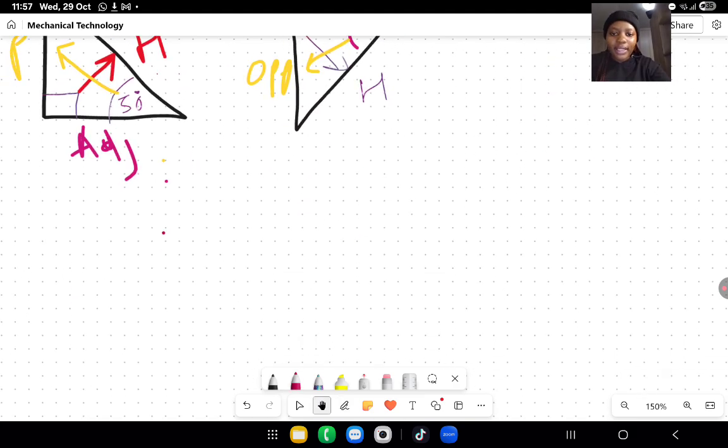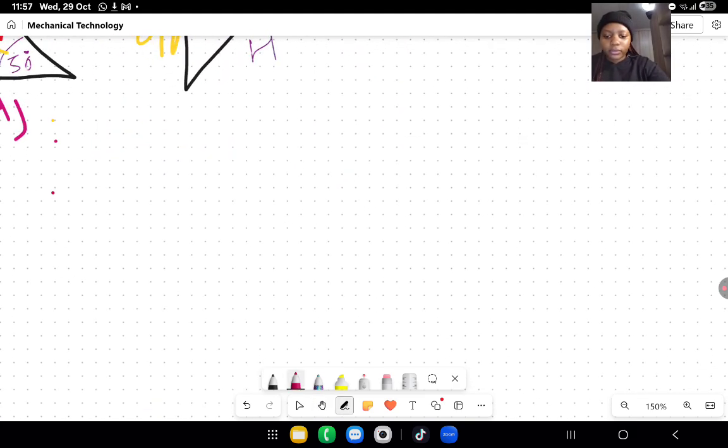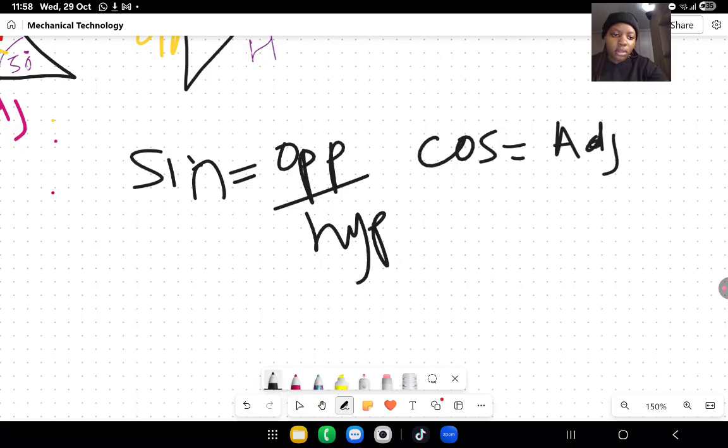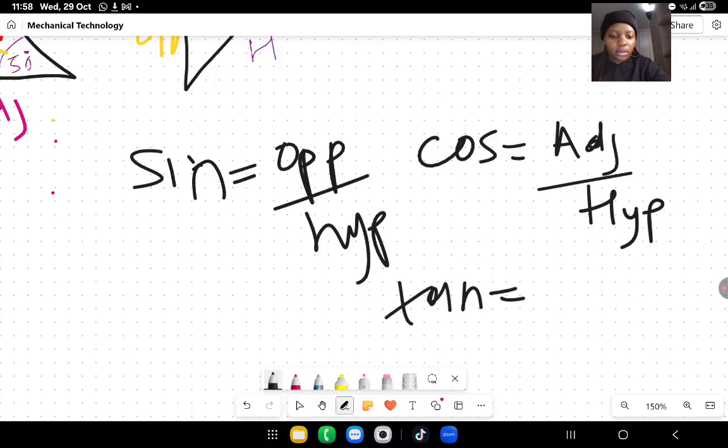So now we are coming to our SOHCAHTOA again. We have sine, which is opposite over hypotenuse, cos, adjacent over hypotenuse, then tan, which is opposite over adjacent.